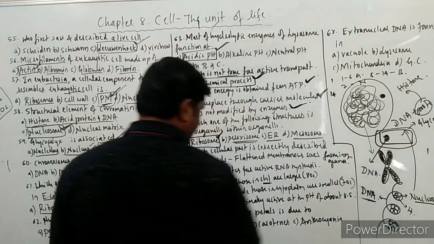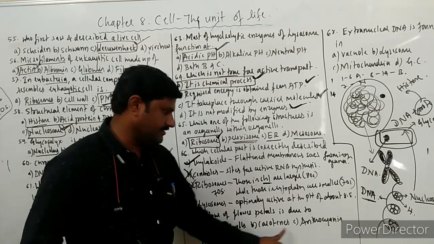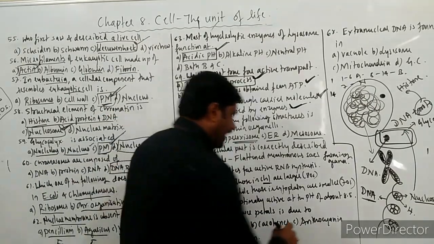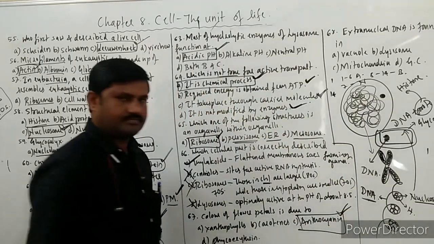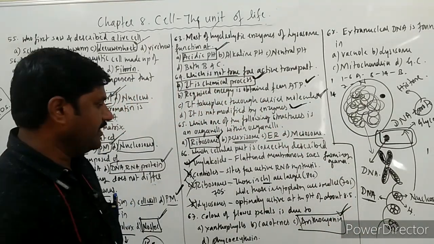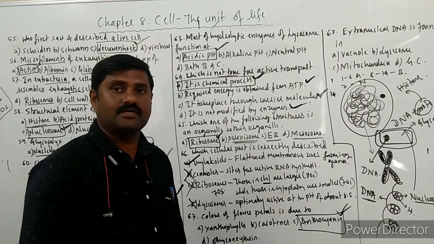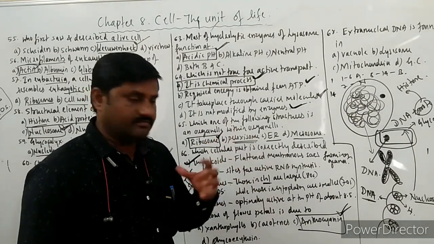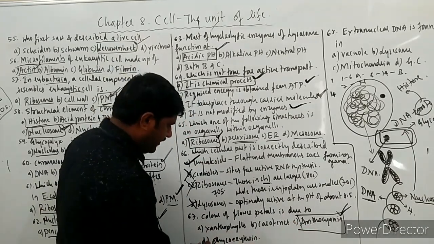So let us see the options. One is xanthophylls, carotenes, anthocyanin. Hence this is the correct answer for this question, right? They are the dissolved pigments within the vacuoles, especially present in the cell sap itself. Anthocyanin is the correct answer.